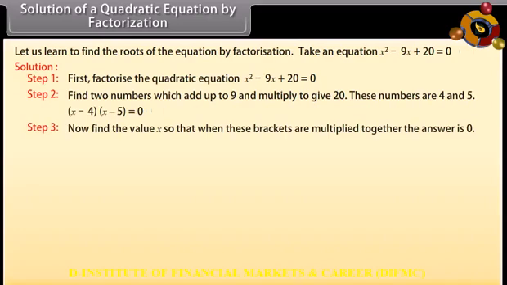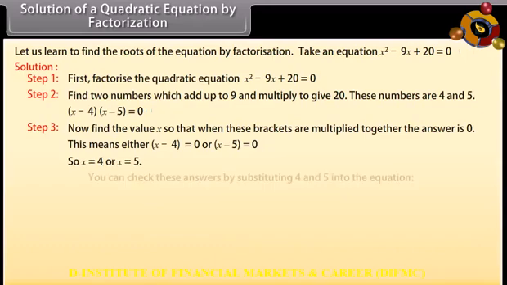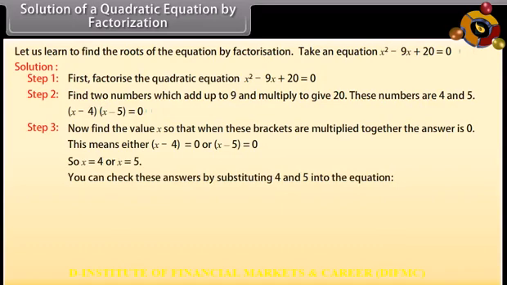Now find the value x so that when these brackets are multiplied together, the answer is 0. This means either x minus 4 is equal to 0 or x minus 5 is equal to 0. So, x is equal to 4 or x is equal to 5. You can check these answers by substituting 4 and 5 into the equation x square minus 9x plus 20.